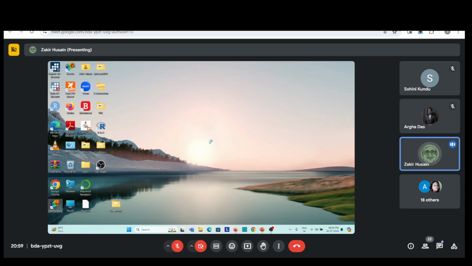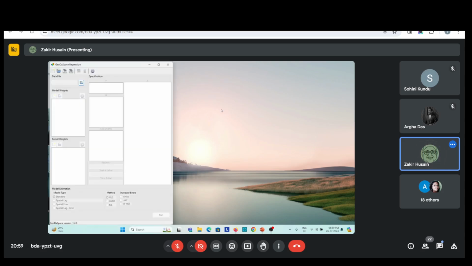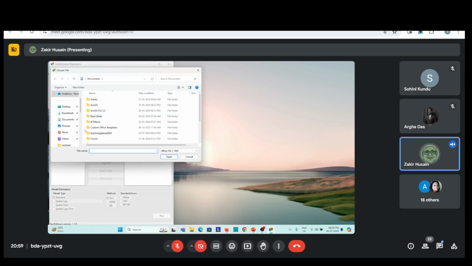Now let me open the file. So basically you have to open the file, create a weight file, and you have to run the clusters to form different regimes.